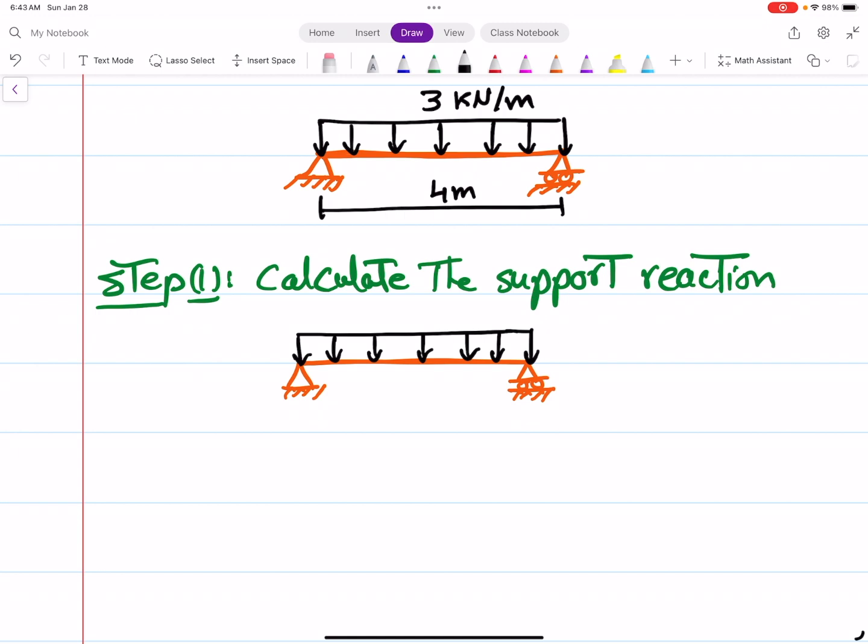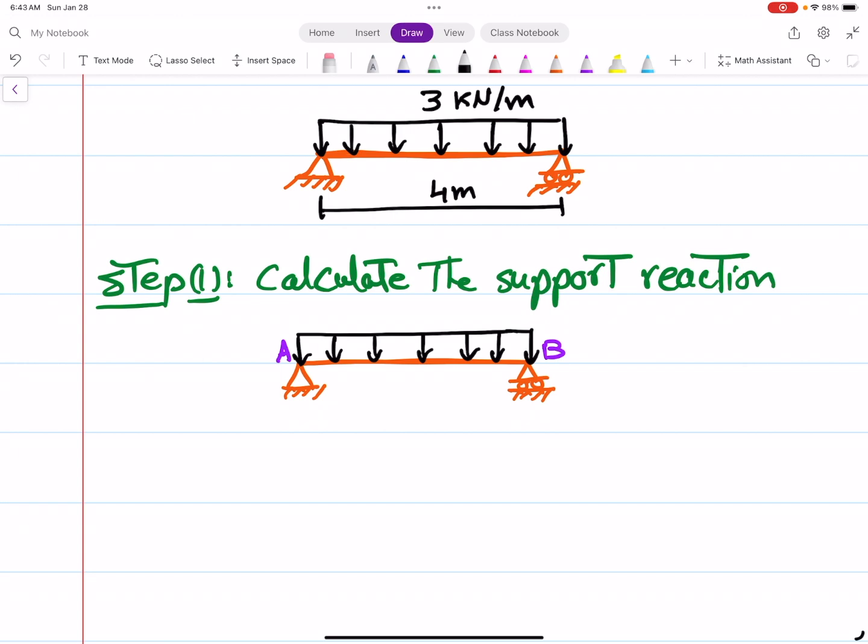For the pin support, you have 2 reactions, X and Y, and for the roller support, you have only 1 reaction in the Y direction. Let's say this is point A and this is point B.